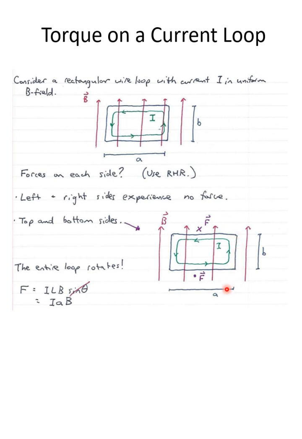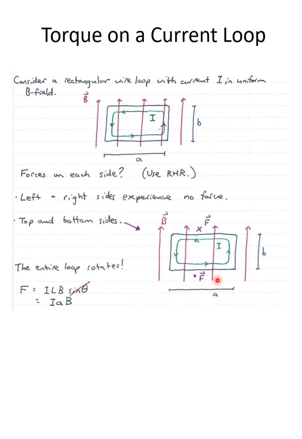On the bottom side, the current's going in the opposite direction, so my right hand points to the right. The magnetic field makes my fingers curl upward, and my thumb comes out of the page. And so what we've got is that this thing is going to be rotated. The top side is being pushed into the page, the bottom side is being pulled out of the page.